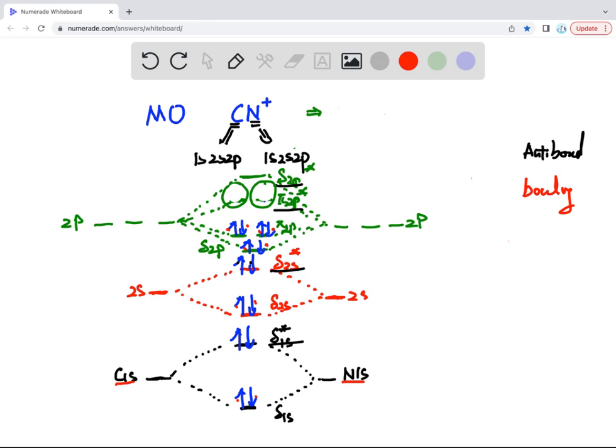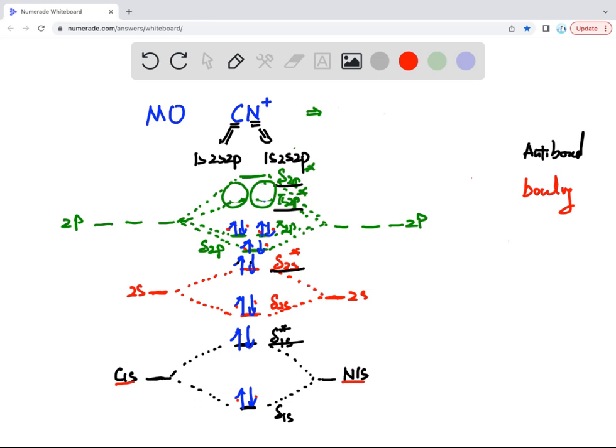For 2p, one 2p orbital will be used to construct the sigma 2p bond and sigma 2p star antibond, and two 2p orbitals from each atom will construct the pi bond and pi star antibond.